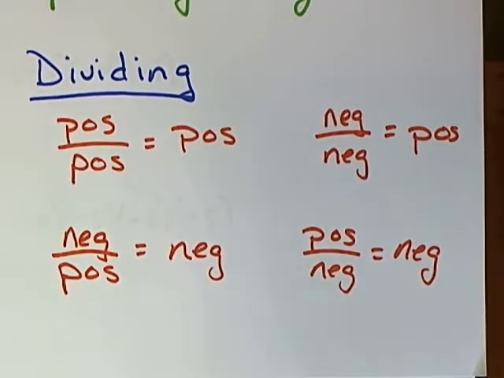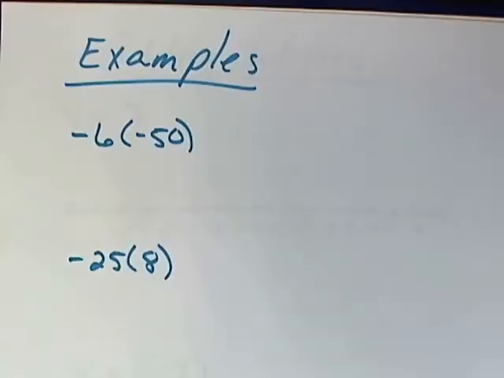Let's look at a couple of examples. Our first example here has a -6 times a -50. Now, as we are getting into our algebraic notation, remember this is a pre-algebra class, so we want to make sure that we're using our algebraic notations and not the arithmetic notations that we learned when we were kids.